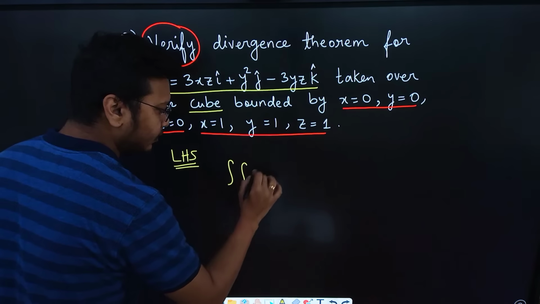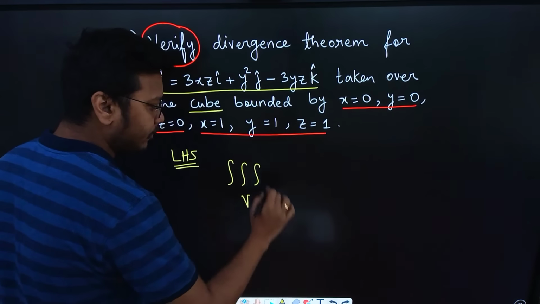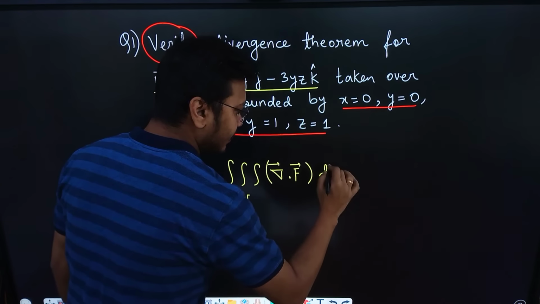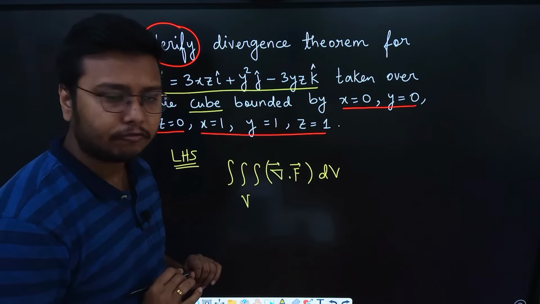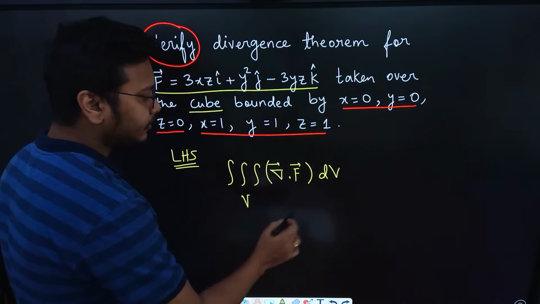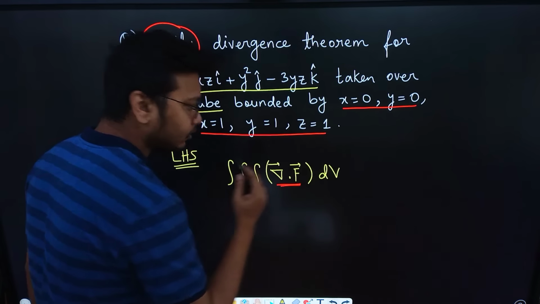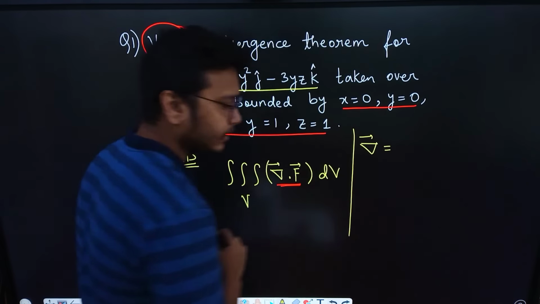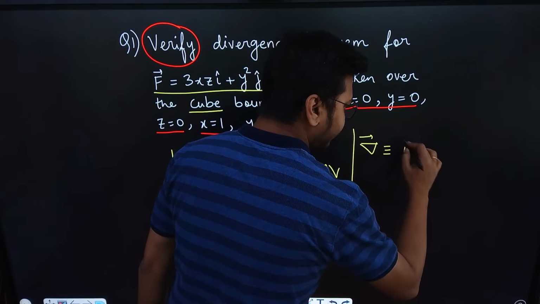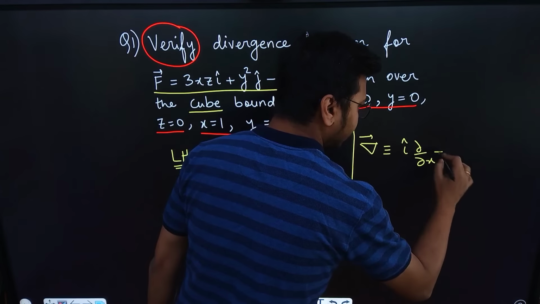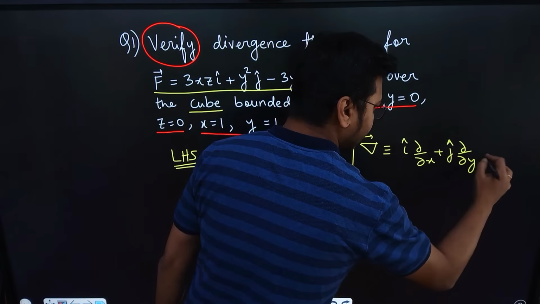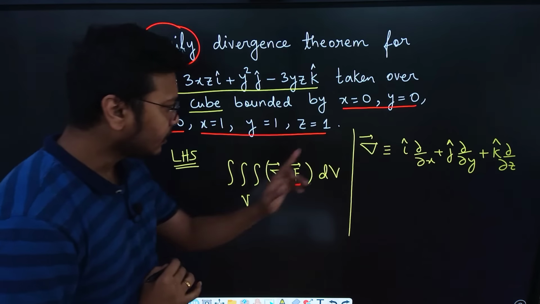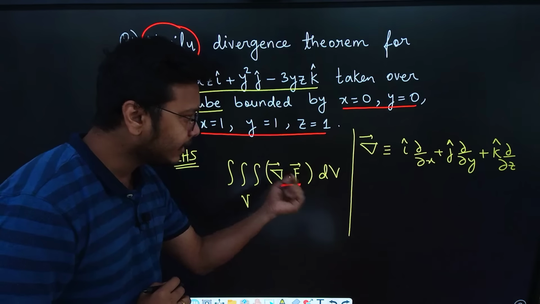The left hand side of the divergence theorem is the triple integral over the volume V of the divergence of f. So first we need to find the divergence of f. Let's recollect that this operator stands for i del/del x plus j del/del y plus k del/del z. Now take the dot product with the f vector.